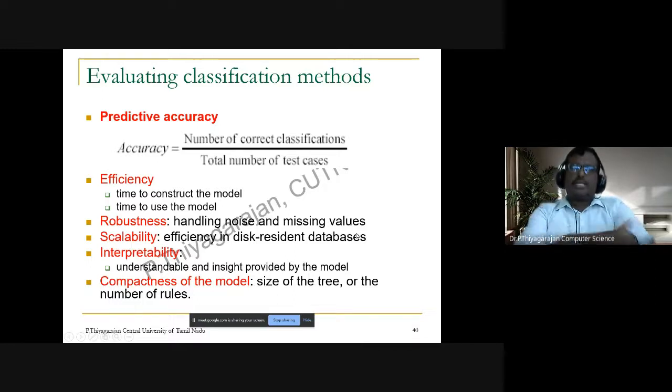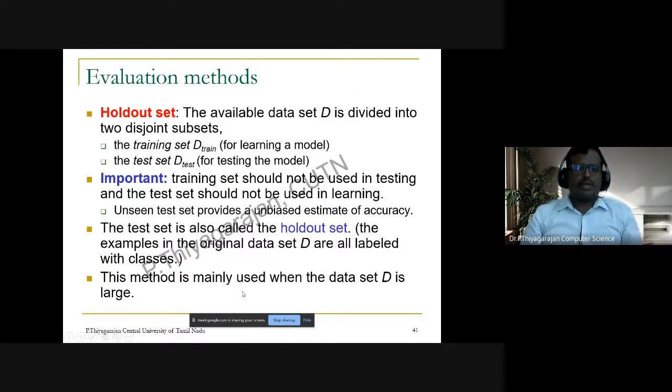Imagine that you have a data set which contains missing values and noise also. The decision tree will be able to handle this data, and in spite of that, it can construct the proper decision tree. That's one of the advantages, and it is scalable, efficient even for disk resident databases, and it has interpretability and compactness of the model. So these are some of the advantages of the decision tree.